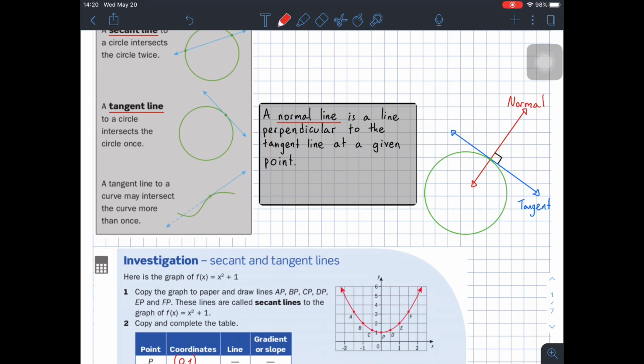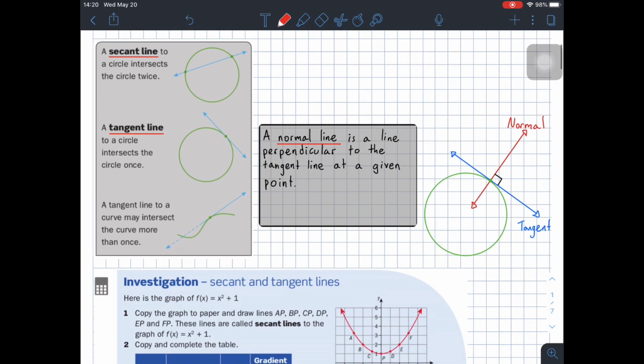But later on, that same line intersects the curve at another point, right? But that's fine also. The only condition for a line to be a tangent line is what I just told you, which is that the line should barely touch the curve at one specific point, right?